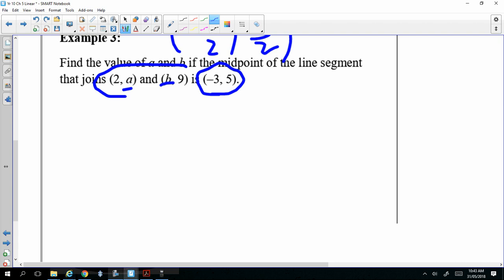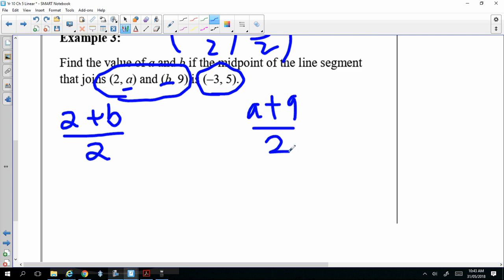So you go 2 plus B over 2, and the other one is A plus 9 over 2. Okay, so the X value will equal negative 3. The Y value will be equal to 5. And you solve two equations. So that's the average of the X equal to negative 3, average of the Y equal to 5. Okay?